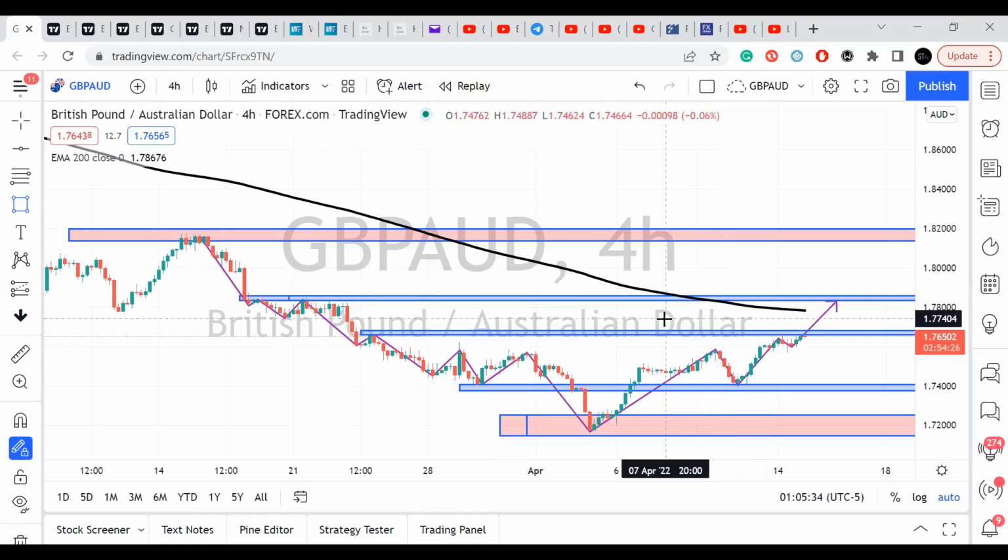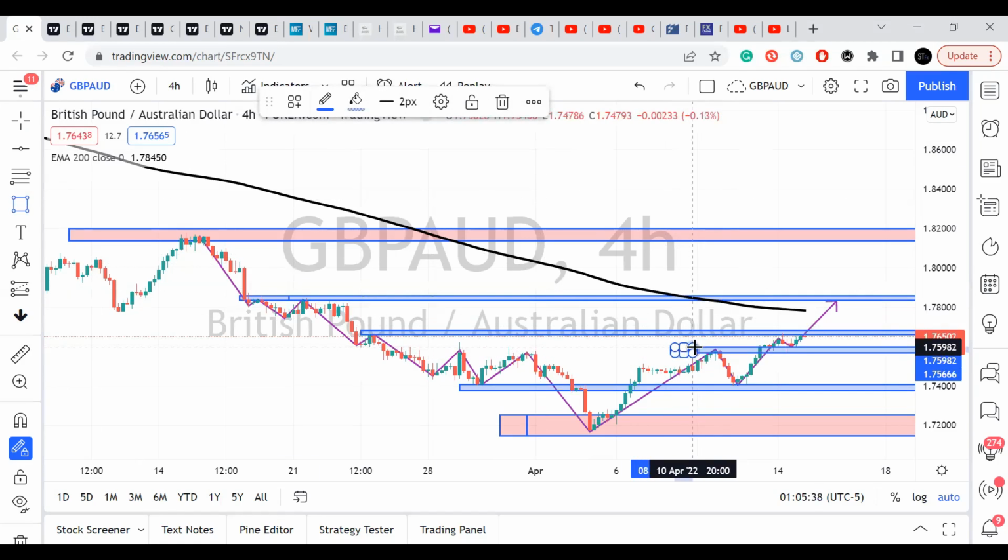Get it. So price broke this structure, came back. That's why I told us this is just a retest.